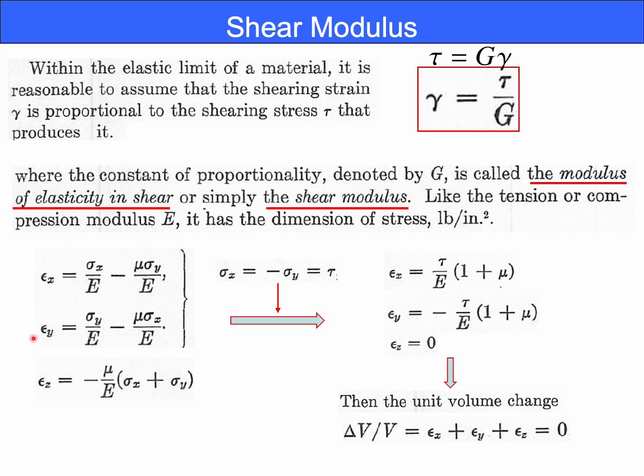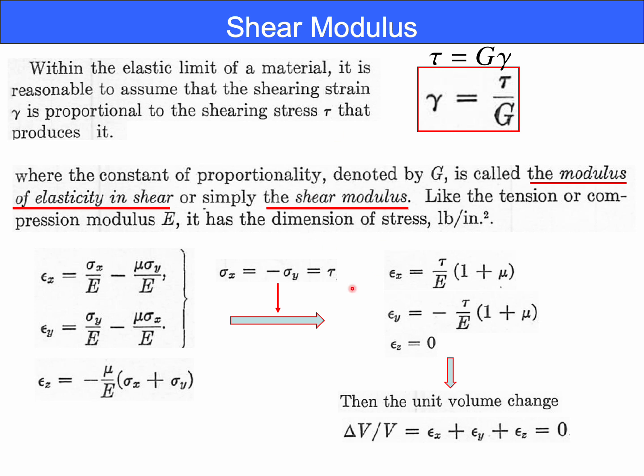Also, epsilon y equals sigma y divided by E minus the effect from the x direction. And in z direction, although there's no direct stress sigma z in z direction, we have the shrinkage caused by sigma x and sigma y, just like this. Okay.